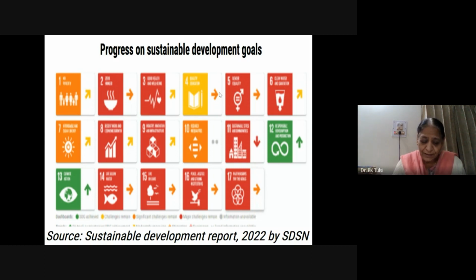It is said that the global refugee figure hits a record high because of the war in Ukraine and Russia. Now, this is where the problems are existing. And the next one pertains to building resilient infrastructure, promoting inclusive and sustainable industrialization.